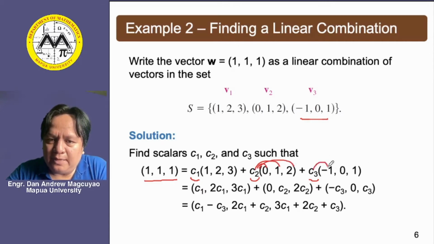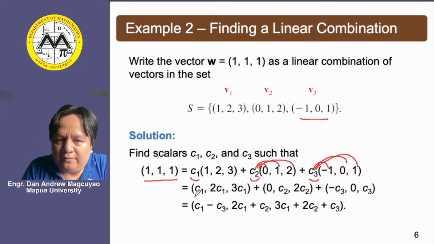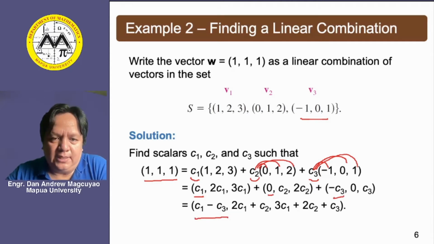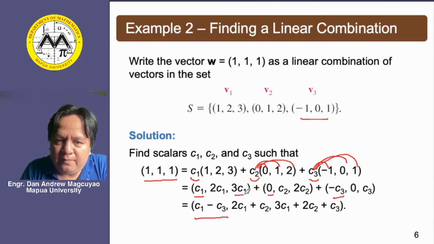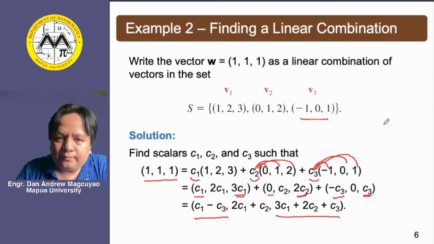And c3 times -1, c3 times 0, c3 times 1. Doing that and expanding, we are going to have c1 plus 0c2 minus c3, so c1 minus c3. For the third element, 3c1 plus 2c2 plus c3.